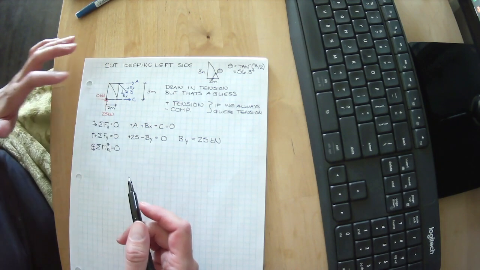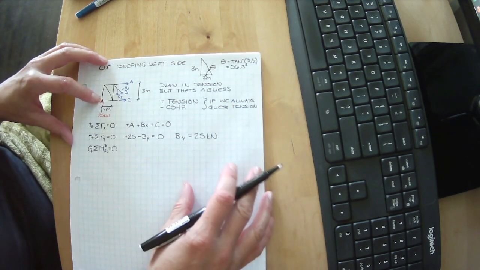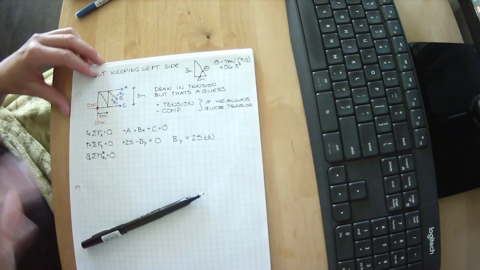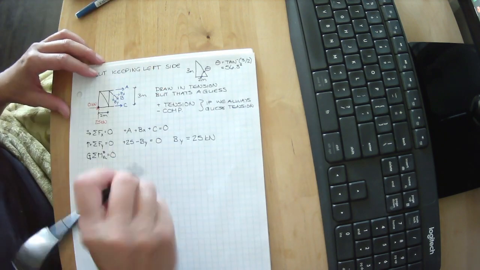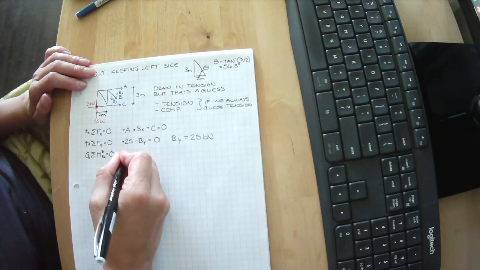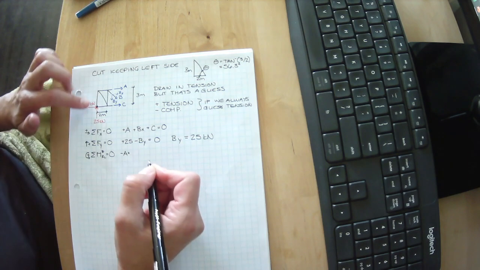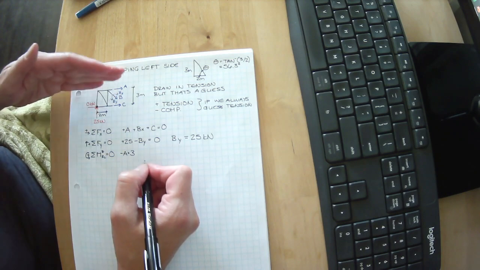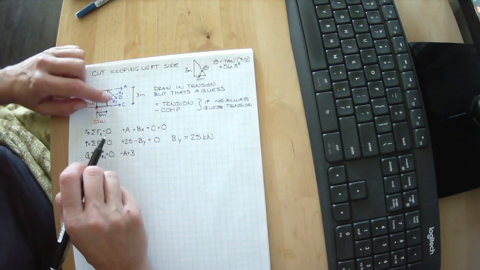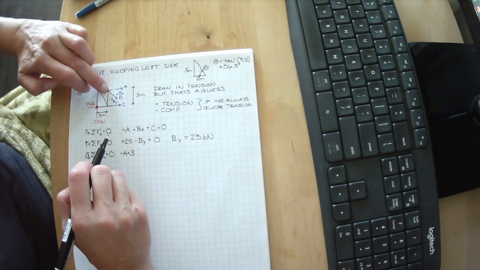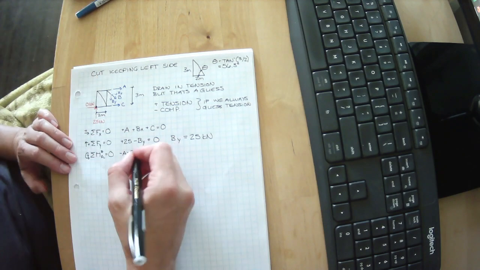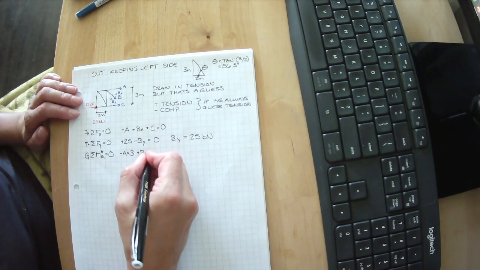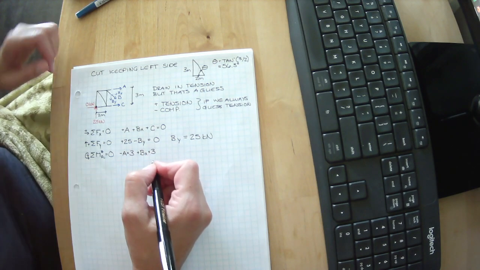So it looks like we have a few things that could cause this to spin. Let's take a look at that. A is trying to spin it in that direction, or minus A times 3 meters. BX is also along the same line here, because this could all just shift to just this side of the node. So we've got plus BX also times 3 meters.